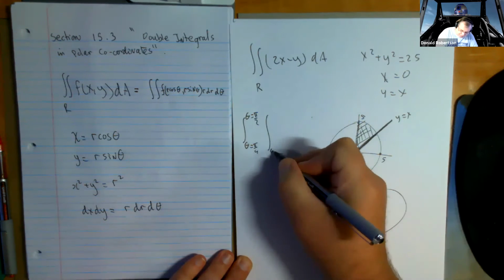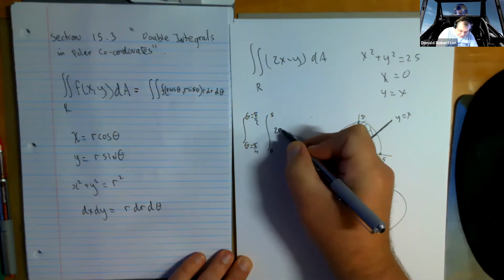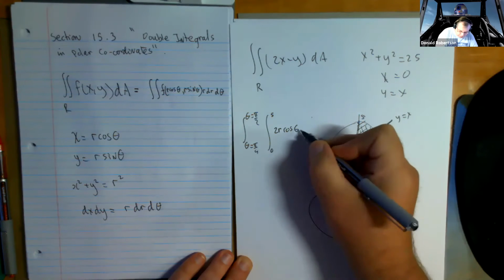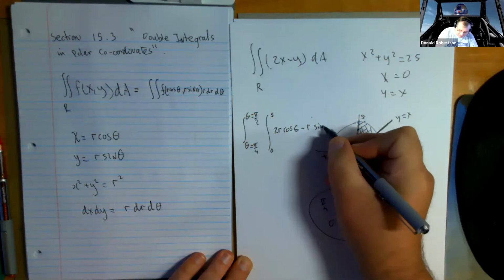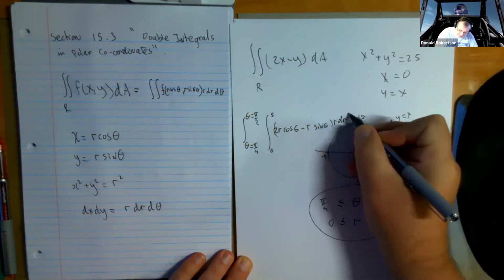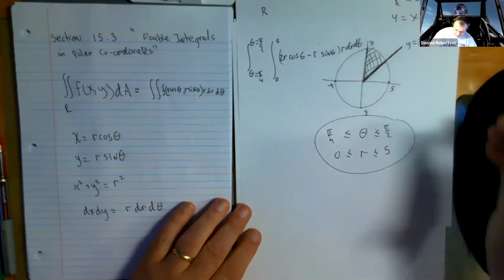R is going to go 0 to 5. 2x is just going to become 2r cos theta. Take away y is going to be minus r sine theta. And then I'm going to have an r dr d theta. A little bit messy, but that's what I've got.